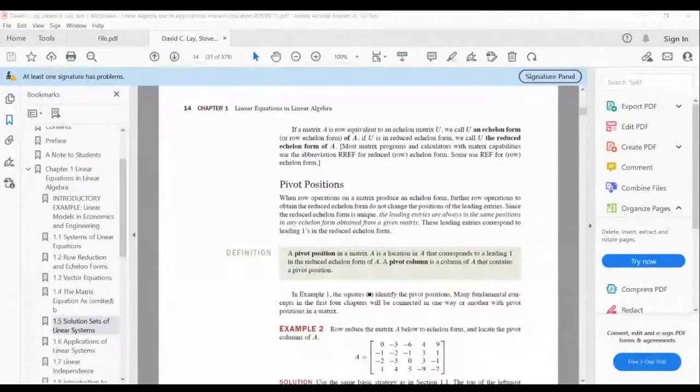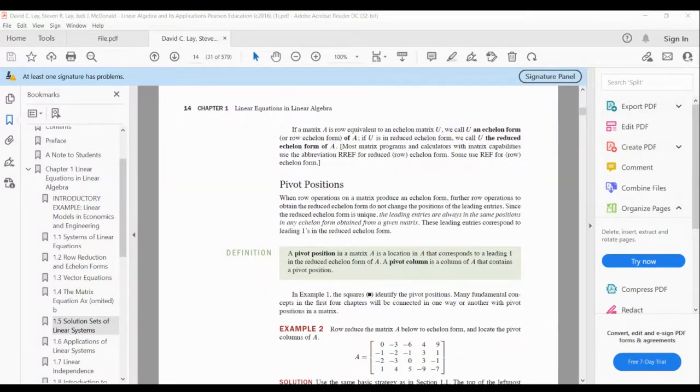So in terms of notation, they say at the top here, if a matrix is row equivalent to an echelon matrix U, we call the matrix U an echelon form of A. So when they say a matrix is row equivalent to another matrix, that means that if you do elementary row operations on the matrix A and you arrive at this matrix U, then U is row equivalent to matrix A. And the elementary row operations are the ones that we learned about on Monday in section 1.1.